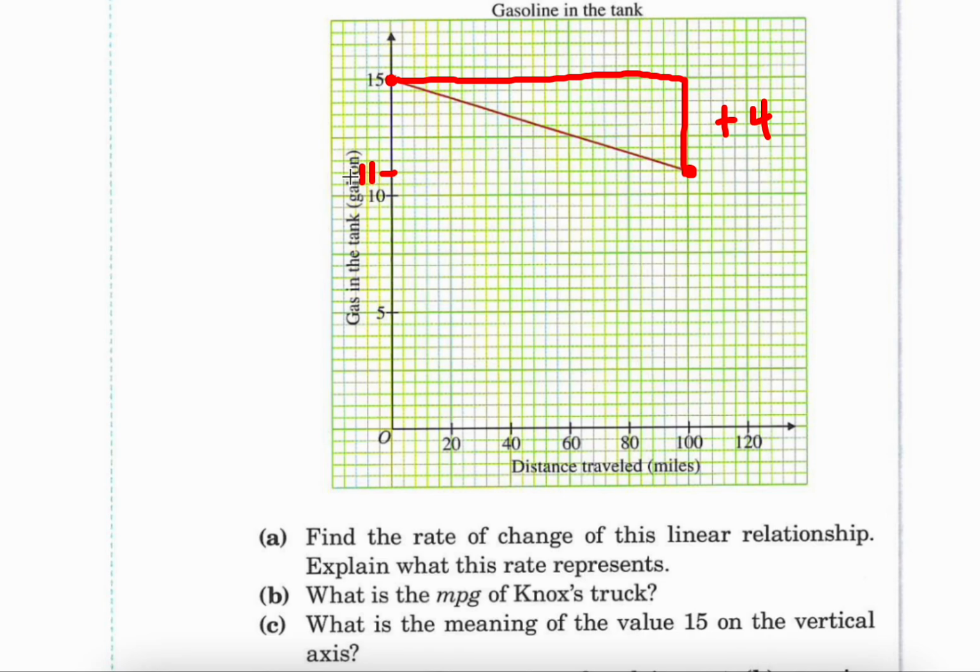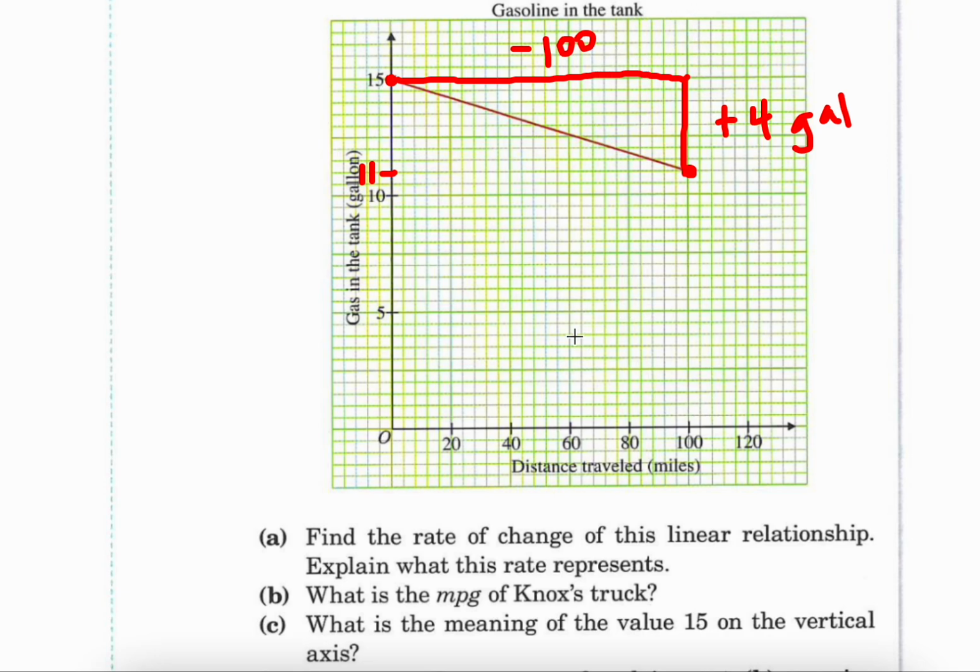This is plus 4 on the gallons scale, right? Because going up and down tells us the gas in the tank in gallons. Okay, now we're here. We need to move backwards from 100 back to, looks like 0. So then that's minus 100 because you're going backwards, 100 back to 0.